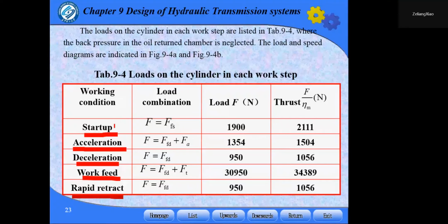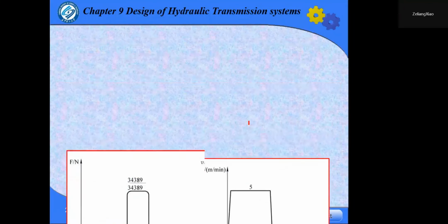In the startup period, the load combination is the friction of rest. So the load is 1,900 Newton.